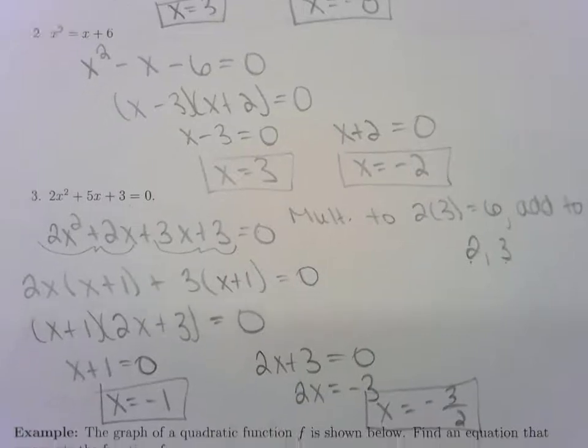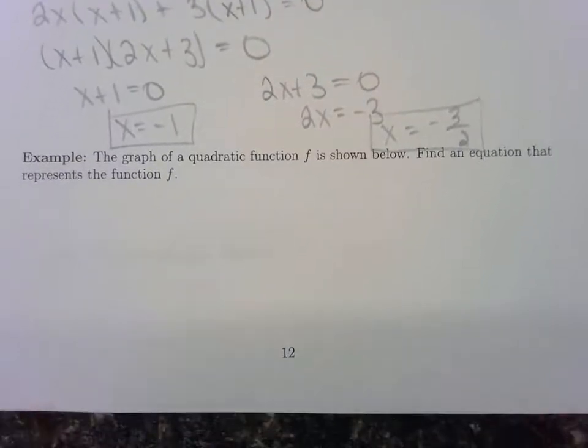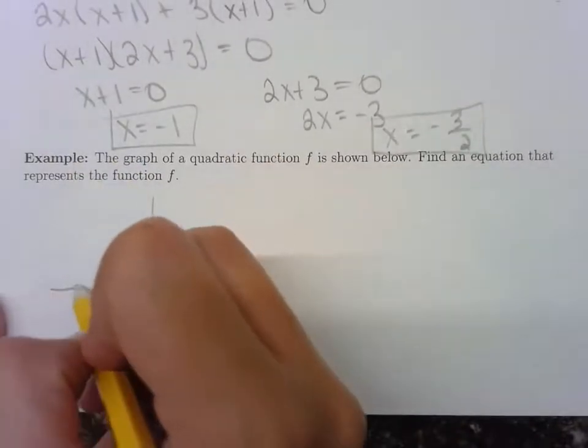We're just going to do a quick graphing example for factored equations. So it says, example, the graph of a quadratic function is shown below. Find an equation that represents the function f. Okay, so let's say we're given this picture.